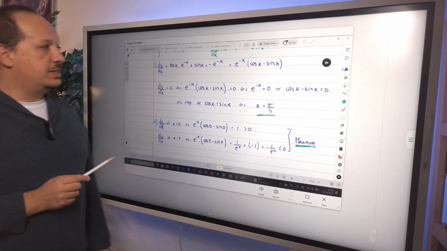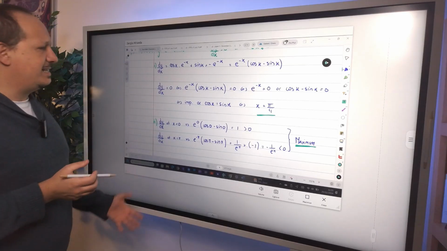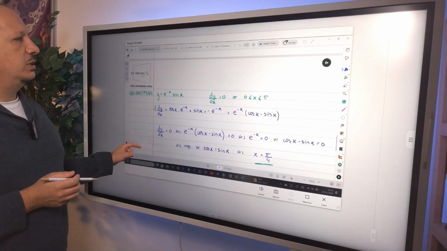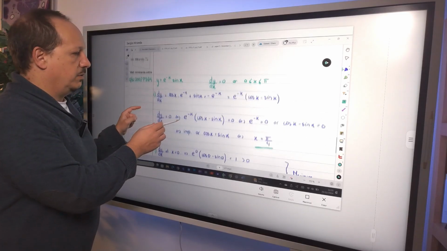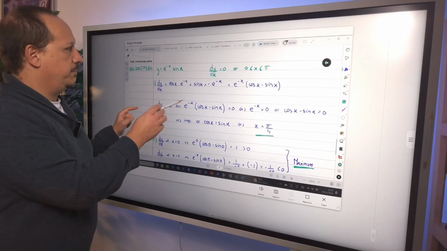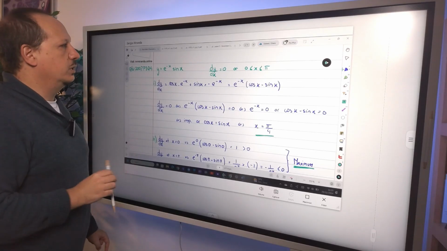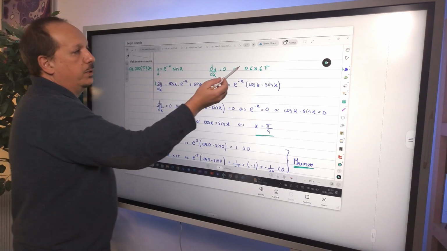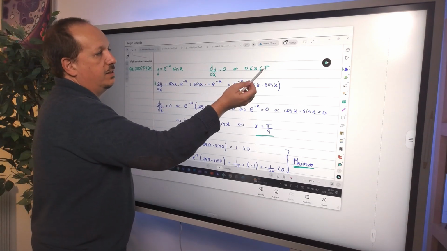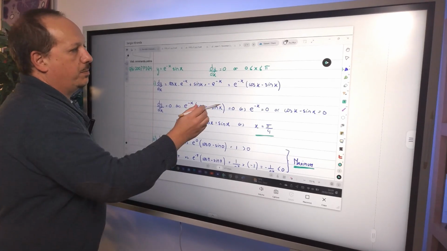Now you need to know if it is a maximum or a minimum. You could differentiate again, but it's easier since this is the only point where the original function will turn around, where the derivative is 0. So if you plug in these two values over here, you can figure out if this is a maximum or a minimum. What do I mean with this?